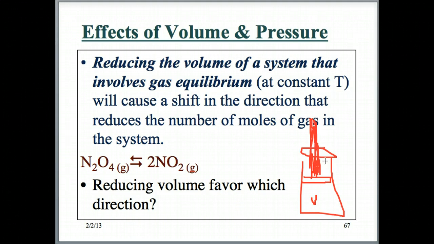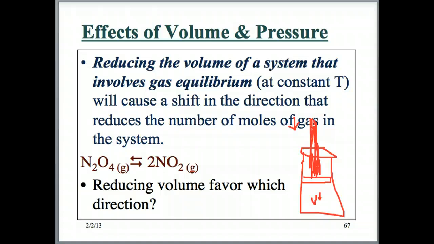What would happen if I reduce the volume? That's my stress. Reducing the volume means I push down on the handle and reduce my V. If volume goes down, which way will the reaction go? Well, if I reduce the volume, pressure goes up, and the reaction will shift to less gas.